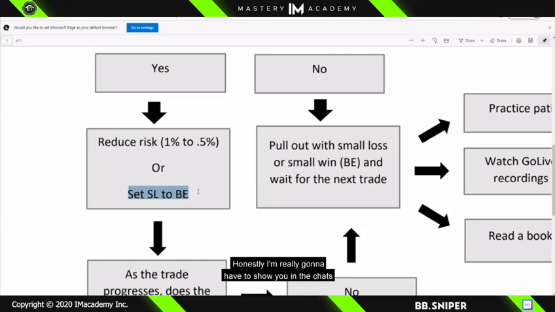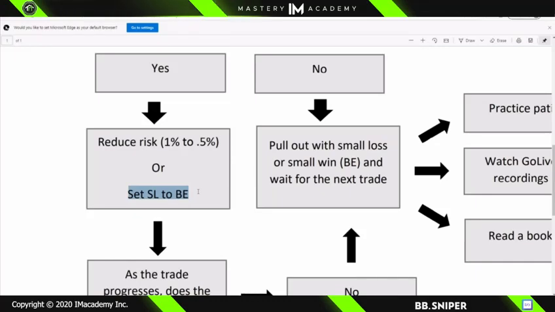Honestly, I'm really going to have to show you in the charts because there's not a good way for me to explain it. But what I would look at is the speed of the market. Let's say you take that trade and it's just Euro USD. Euro USD has a relatively low daily range compared to, for example, GBP USD.